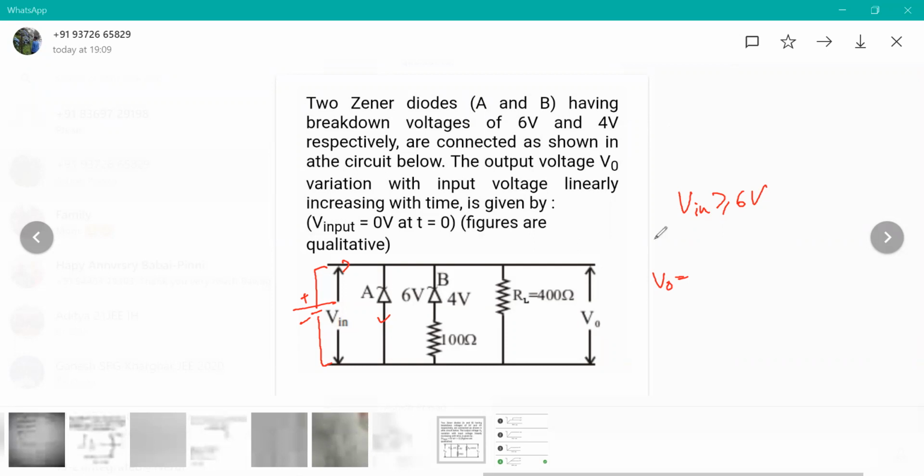So what happens when this diode is also in reverse bias? The voltage across this junction, let's say this is CD, becomes fixed. V output, the voltage across this, becomes VCD, which becomes 6 volts, because that is the reverse bias voltage.